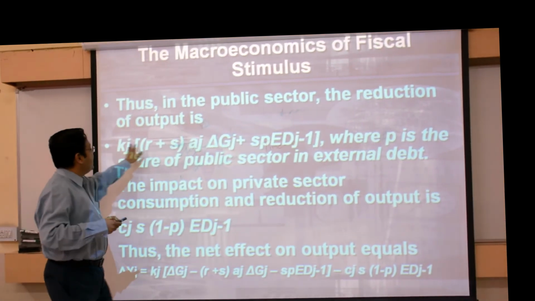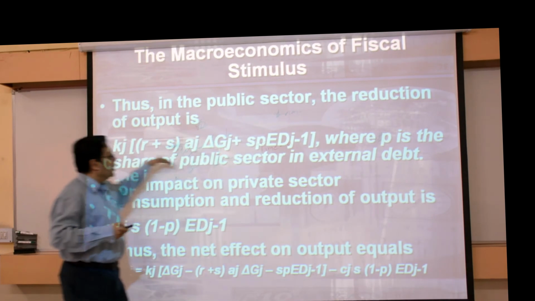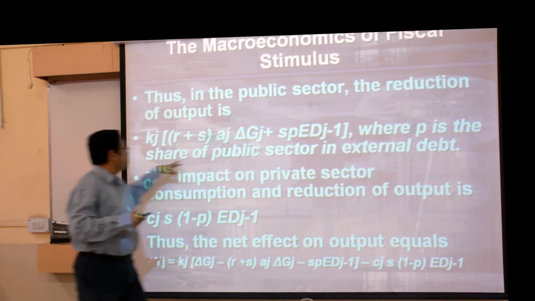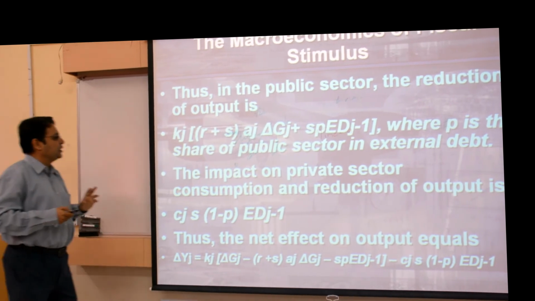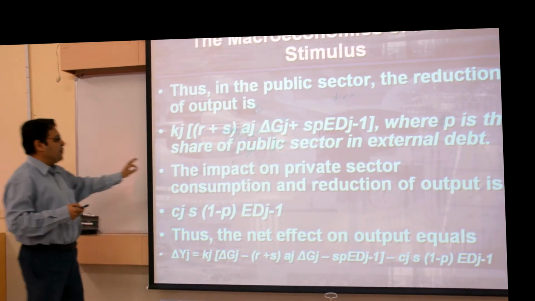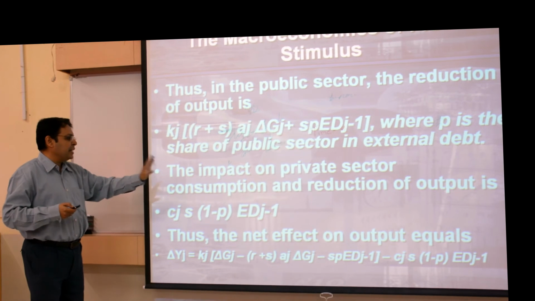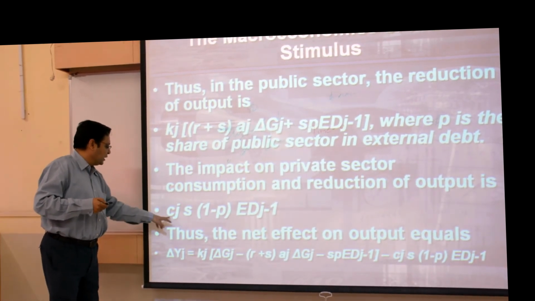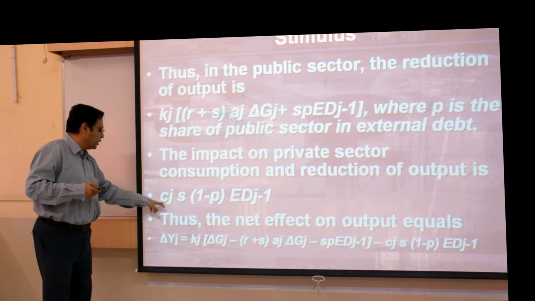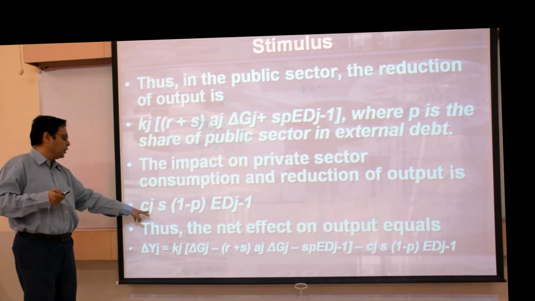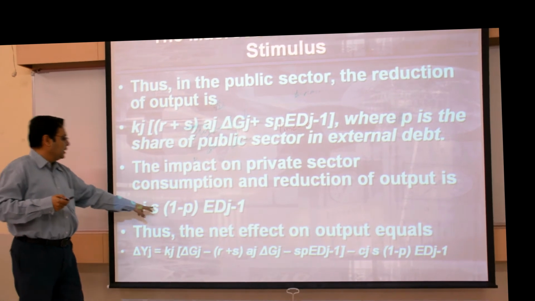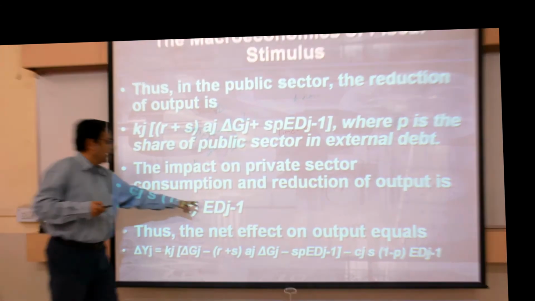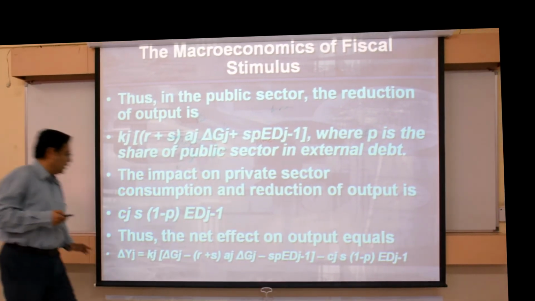So, this entire thing is going to reduce my output, where P is the share of the public sector in external debt. The impact on private sector consumption and reduction of output is going to be Cj, the marginal propensity to consume of the private sector, times S, where 1 minus P is the share of the private sector, into EDJ minus 1.